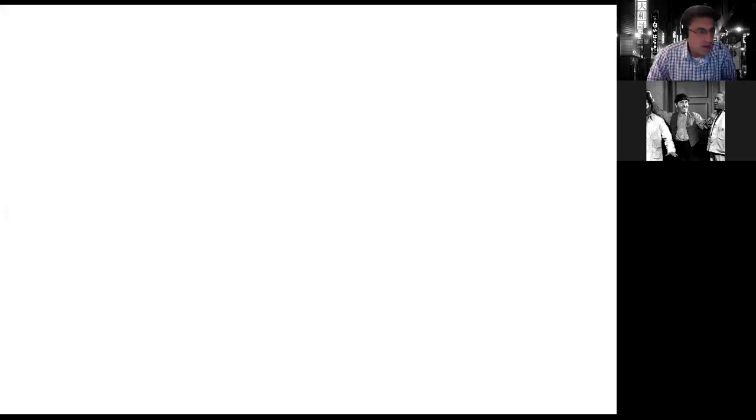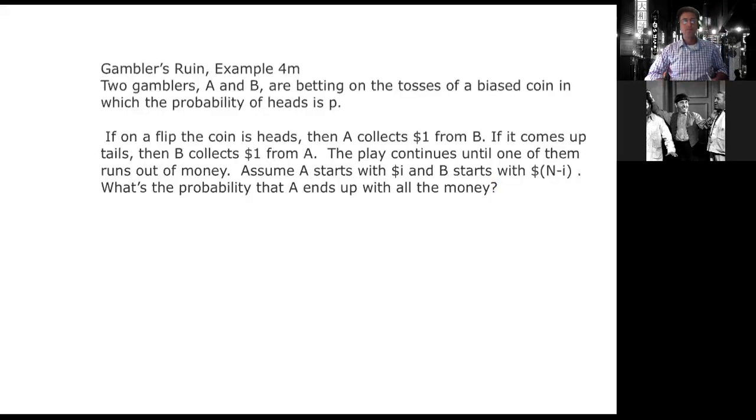Okay, so I'm going to move on to the gambler's ruin problem, which is about betting. So let me pose the problem. I'm going to put it on the screen. In this problem, you have two gamblers, A and B, and they're betting on the tosses of a biased coin in which the probability of heads is p.